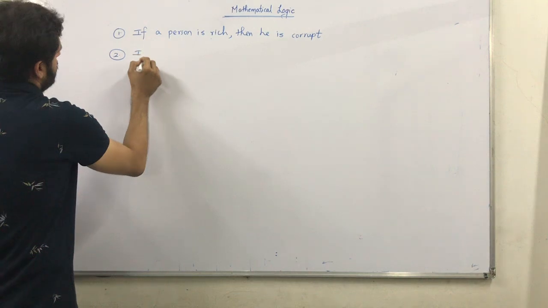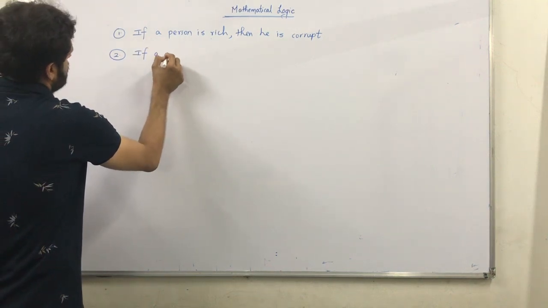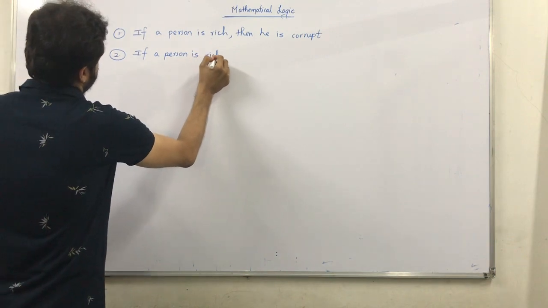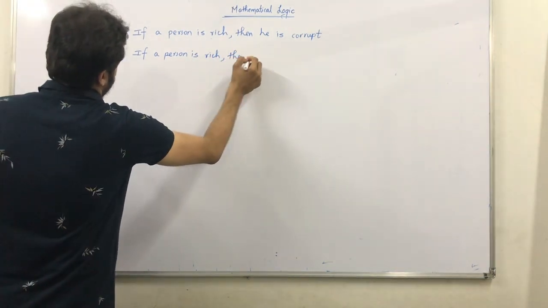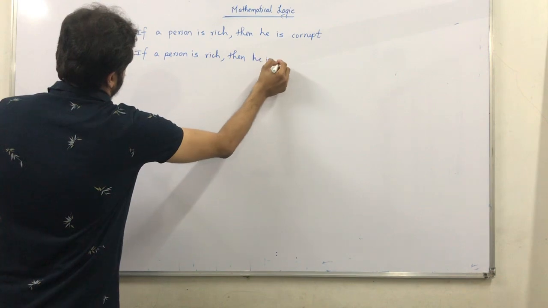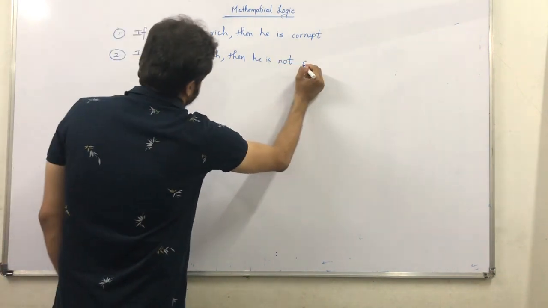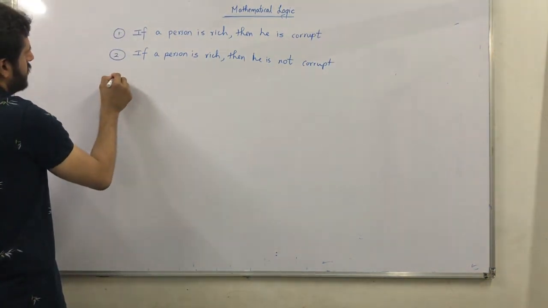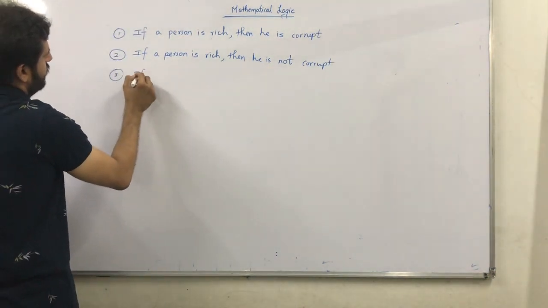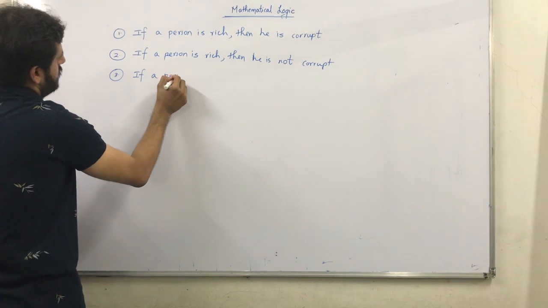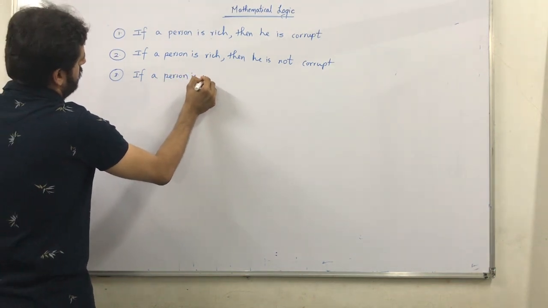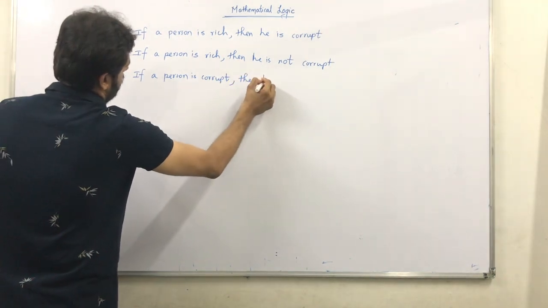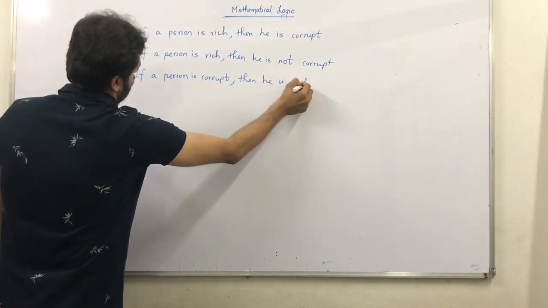The second statement is, if a person is rich, then he is not corrupt. The third statement is, if a person is corrupt, then he is rich.